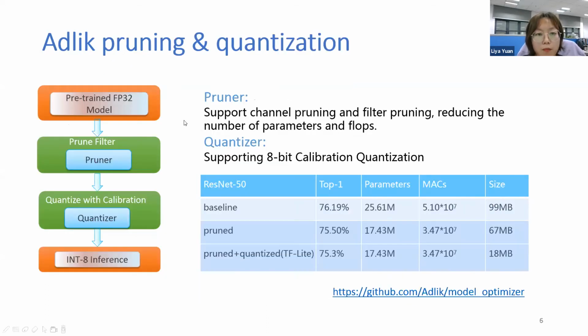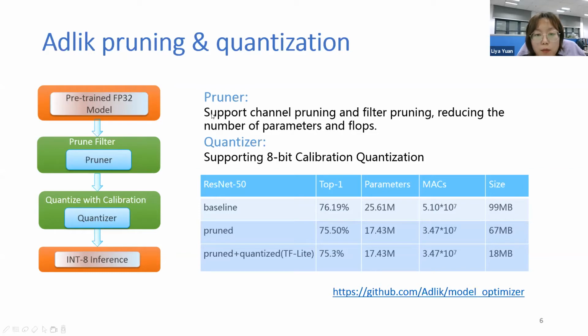Here is an example of ADLIK pruning and quantization. As Thomas has introduced, ADLIK is an open source project in the Linux Foundation AI Foundation. It is proposed to accelerate deep learning inference. It is a toolset to accelerate deep learning inference. Here we want to introduce 2 parts of ADLIK, which are the pruner and the quantizer.